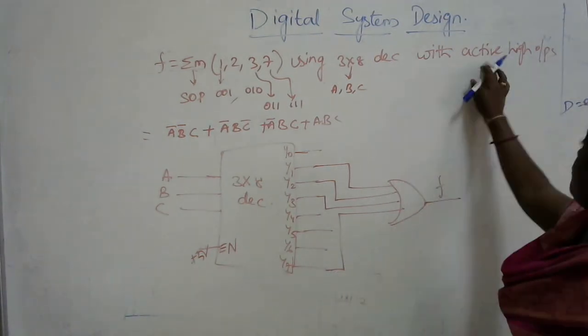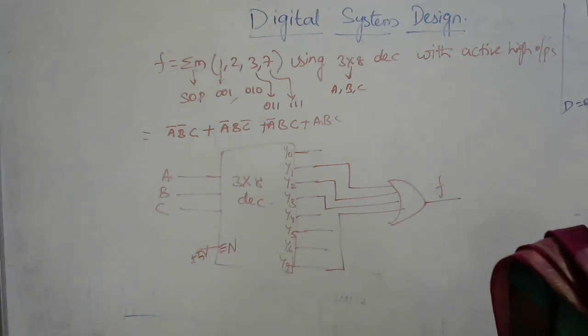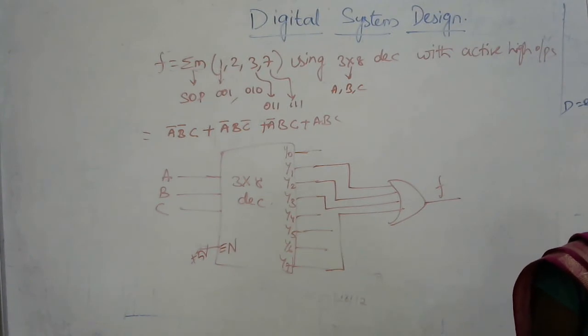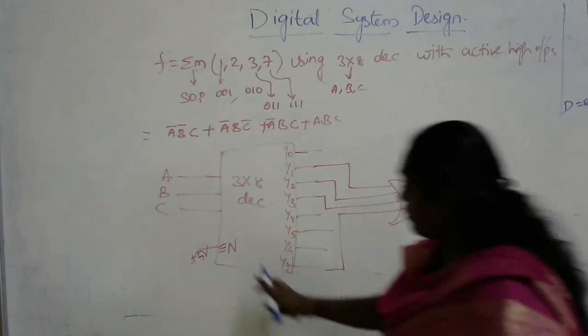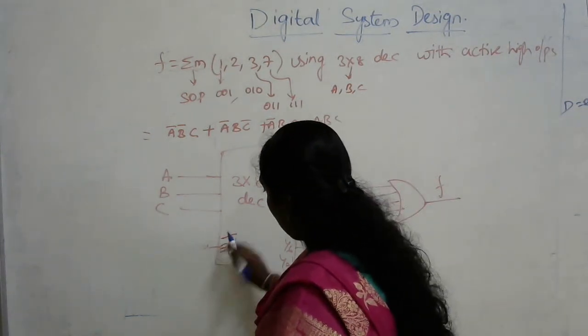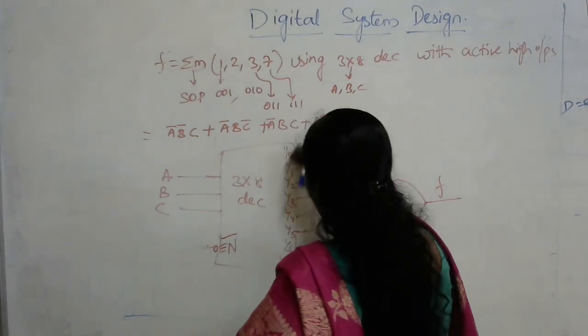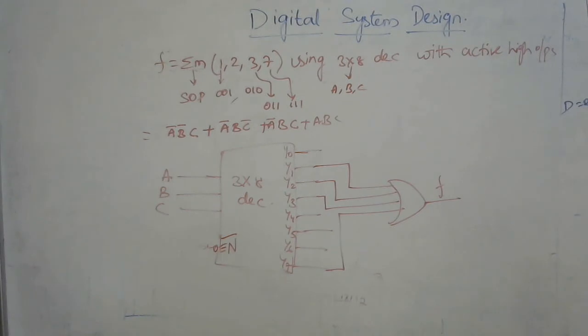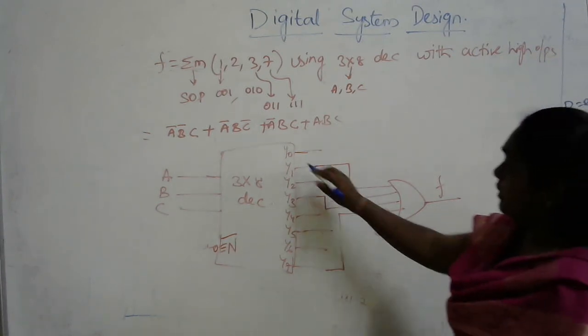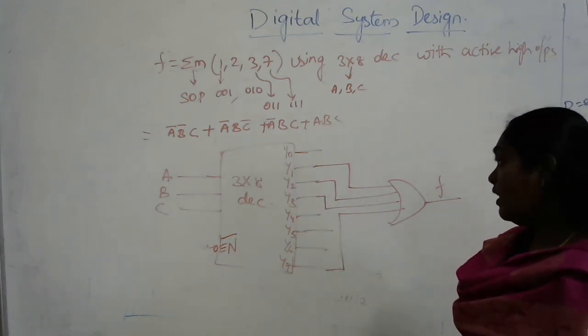Similarly, if it is active low, the only change is that instead of enable, we will be connecting an enable bar, which is active low. All these Y0 to Y7 should be zeros, that is, active low outputs.